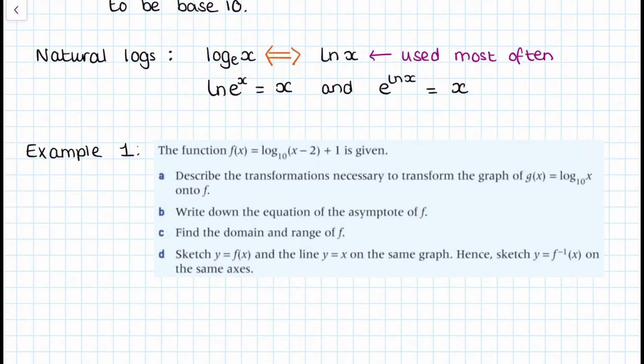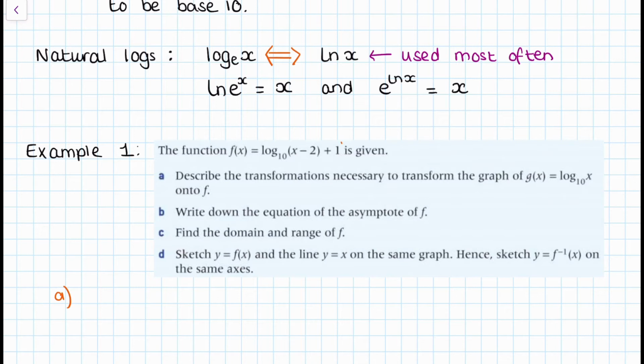Example here. So we have a function f of x equals log base 10 of (x minus 2) plus 1. Part A, describe the transformations necessary to transform the graph of g of x equals log base 10 of x onto f. So what do we need to go from a normal log function of log base 10 of x into what the f of x is there?